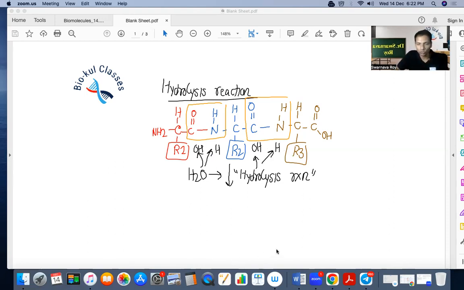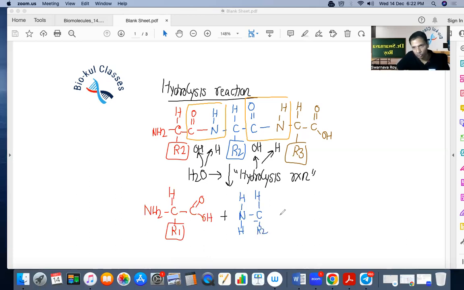So we are back to what we started with. NH2, CH, R1, COOH. This is the first amino acid. And then we have NH2, CH, R2, COOH.